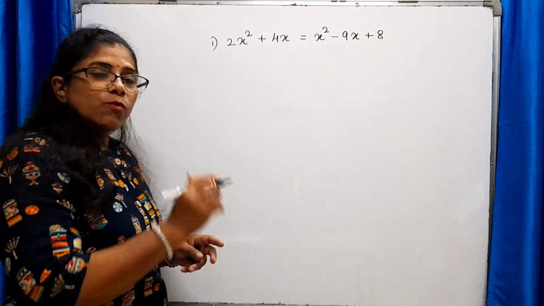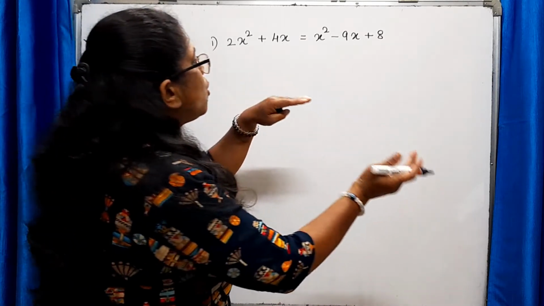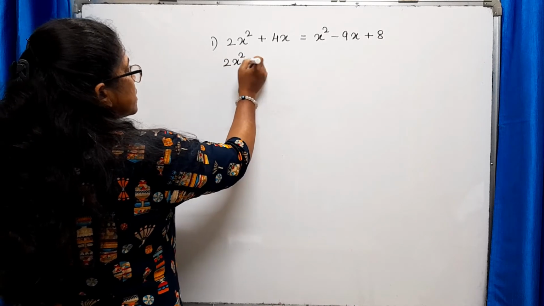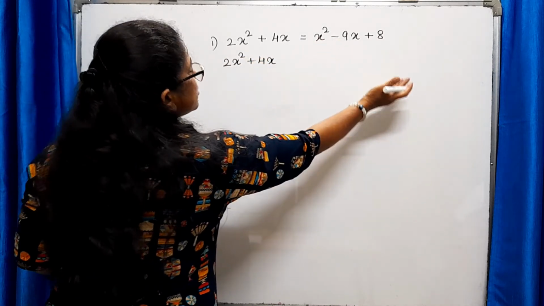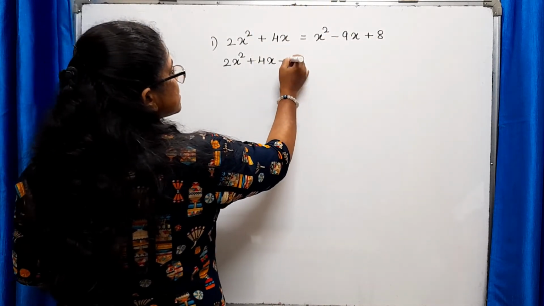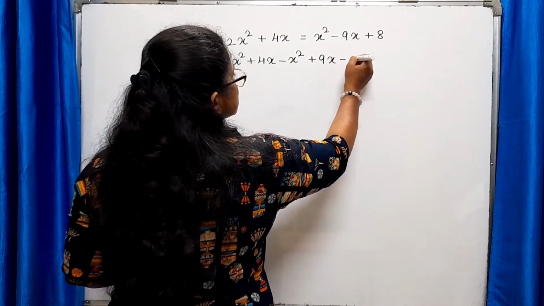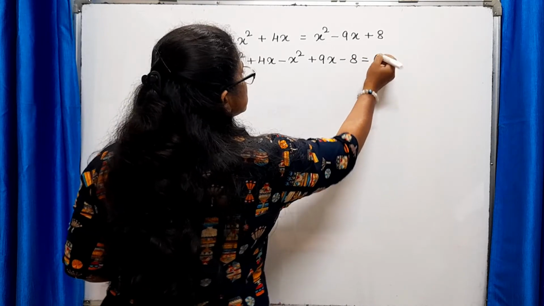Okay. First thing what we have to do, bring all the terms on LHS. 2x square plus 4x, shift all these terms on LHS, minus x square plus 9x minus 8 is equal to 0.